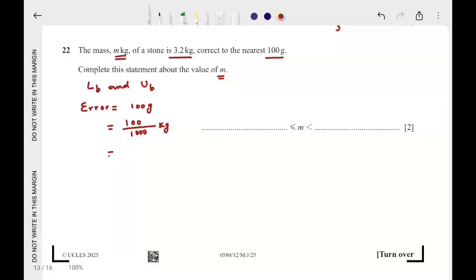So after dividing it, it will be 0.1 kilogram. Now we have to divide it by 2, so the error would be 0.05 kilograms. Now to find out the upper bound of the stone, we have to add 0.05 to 3.2.